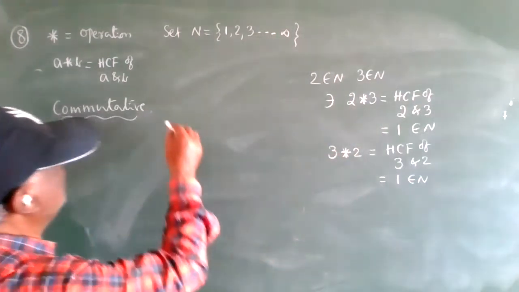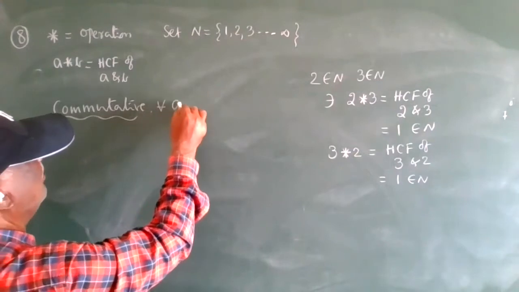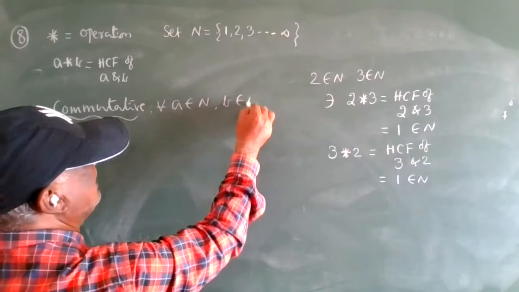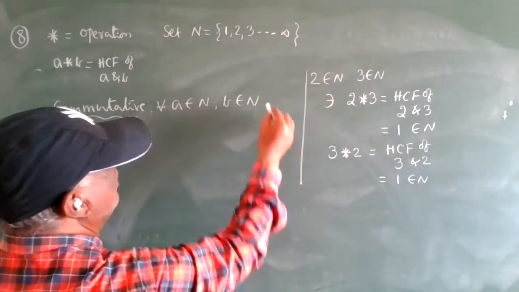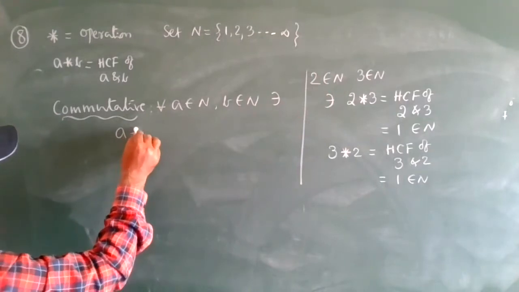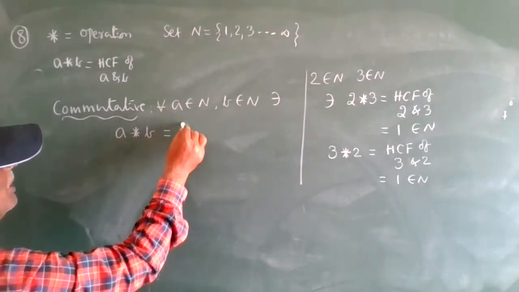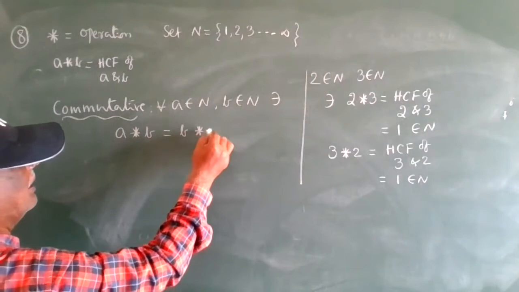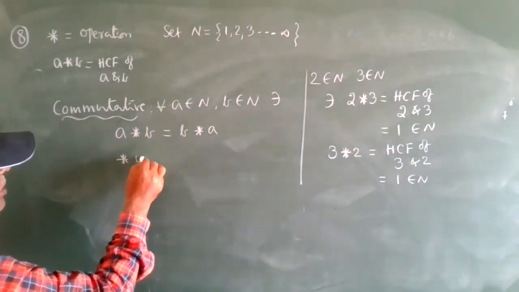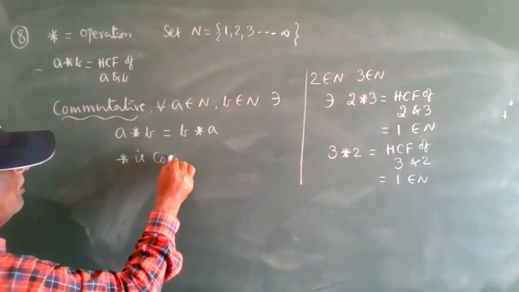Now we should write: for all A belonging to the set N and B belonging to the set N, A star B is equal to B star A. Therefore, star is commutative.